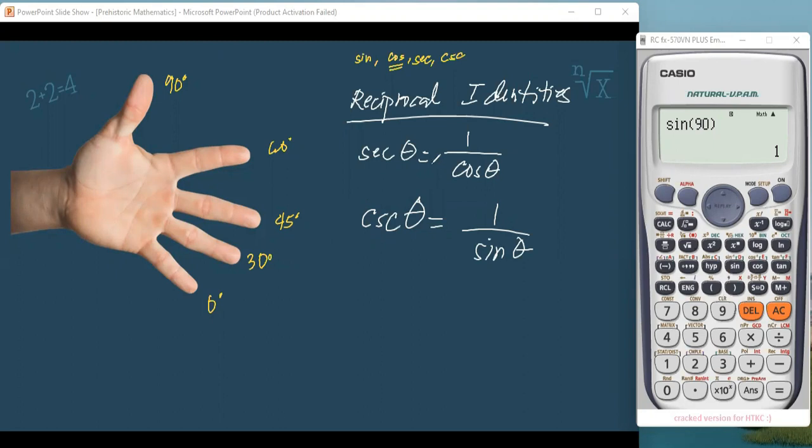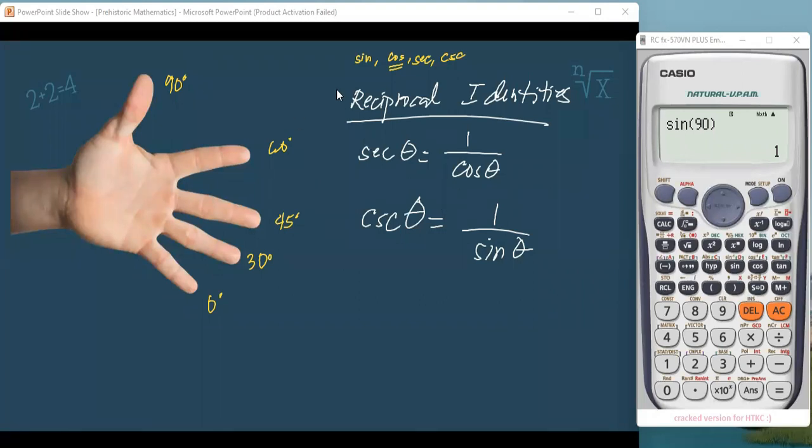Kung reciprocal po sila, ibig sabihin yung numerator magiging denominator at yung denominator magiging numerator. I want you to remember this when you are dealing with secant, cosecant, and later cotangent.